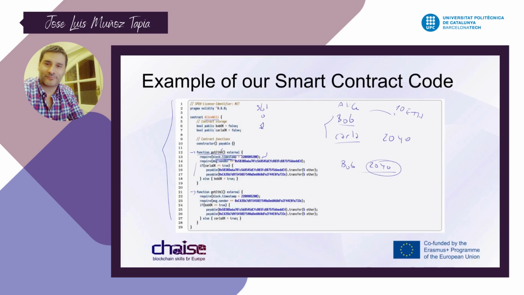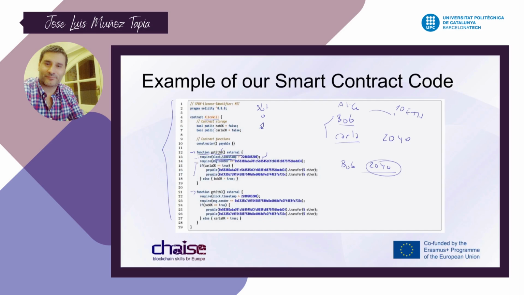But if not, when a require is not met, the transaction is reverted. So here I'm encoding the fact that the execution of this function can only succeed if it is done by sending a transaction after 2040. This is line 13.